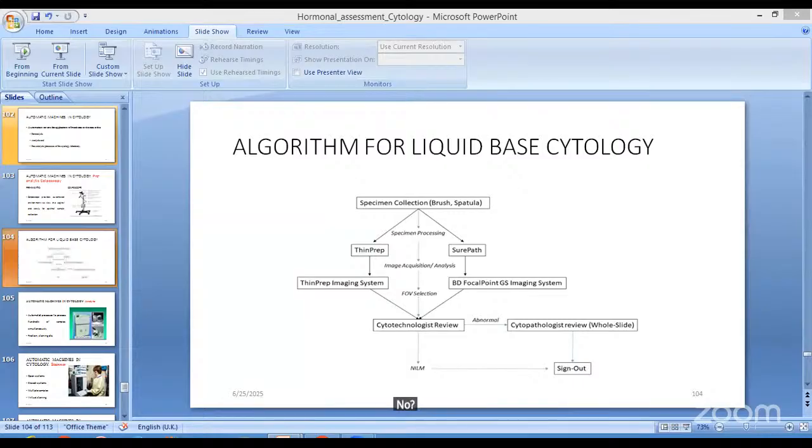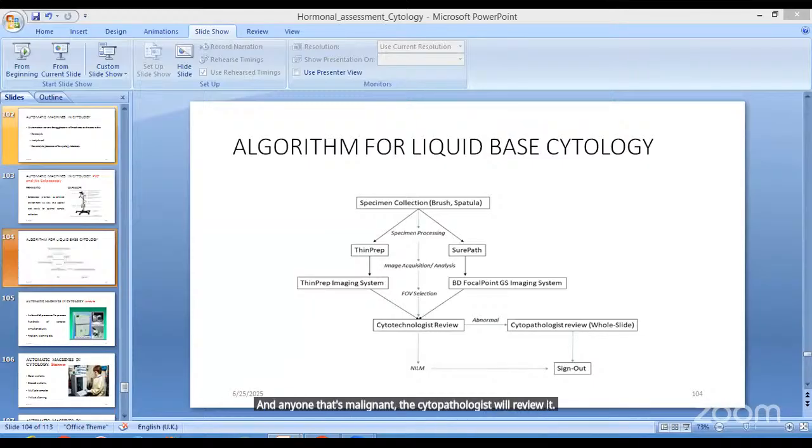And when the slide is ready, there's an imaging system that will be used to magnify the image, scan the image, and project it for review. So the clinical cytologists will review, and anything that is malignant, the cytopathologist will review.